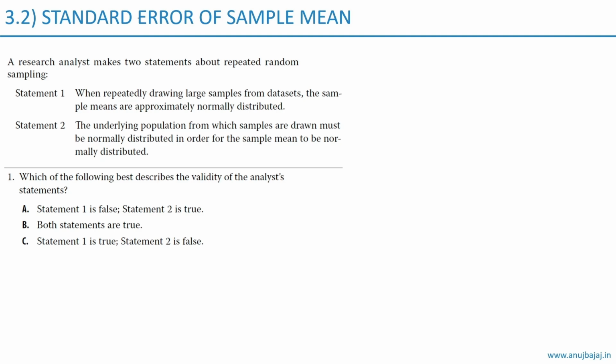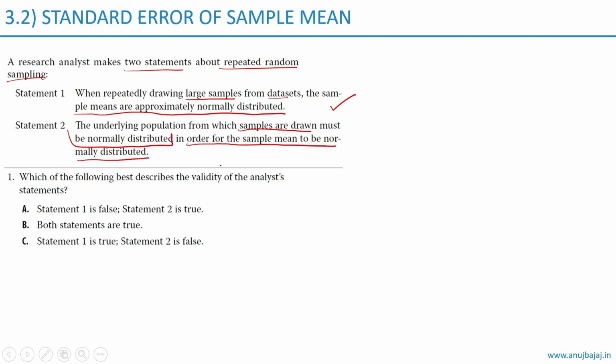Let us solve the following example. A research analyst makes two statements about repeated random sampling. Statement 1 is, when repeatedly drawing large samples from the dataset, the sample means are approximately normally distributed. Yes, this seems to be accurate. Statement 2 is, the underlying population from which the samples are drawn must be normally distributed in order for the sample means to be normally distributed.